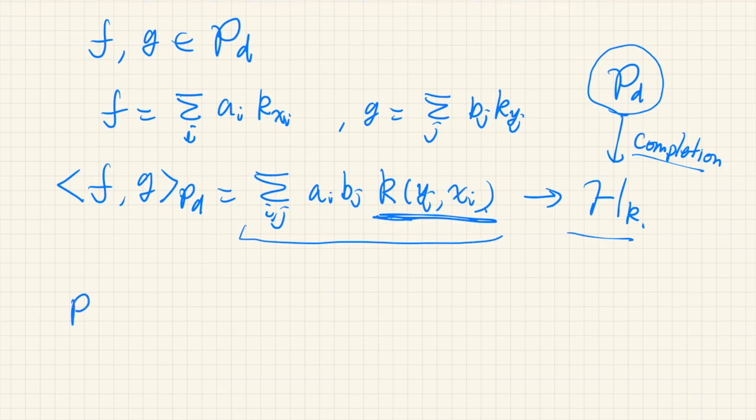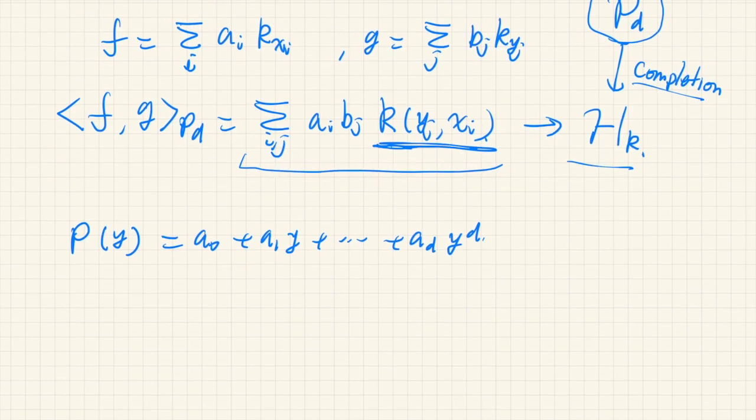So for any polynomial, let's say p(y) equals a0 plus a1 y and so on plus ad y to the power of d, then we can write this polynomial as an inner product of p and k_y.